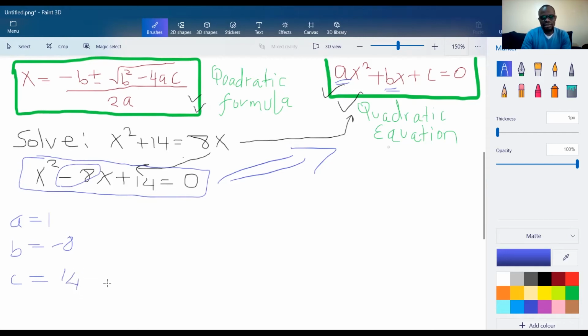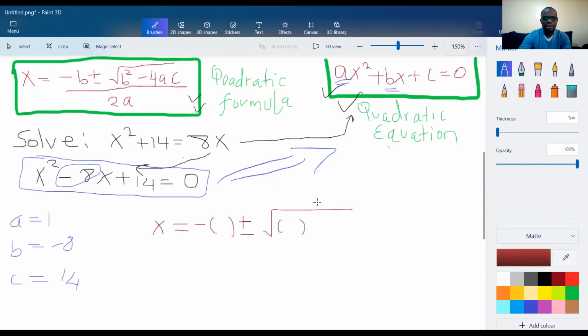Once all this is done, you apply the formula to get your solutions, okay? So I'll just borrow the formula from up there. This formula says x is given by negative b plus or minus. Note that it's important to use brackets. Brackets will always help you avoid errors while plugging in values to your calculator.